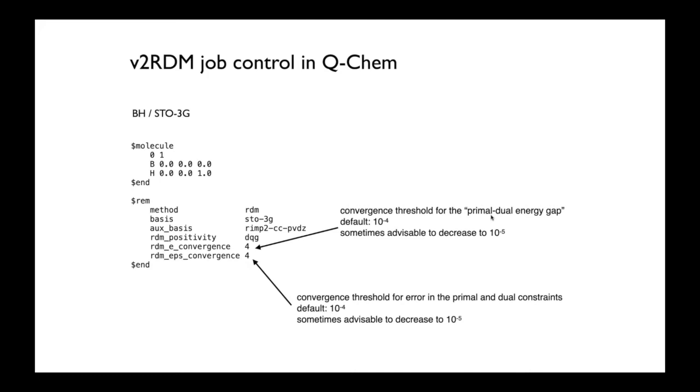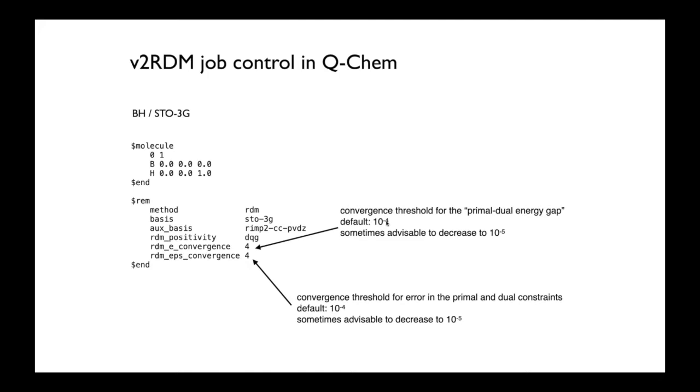The primal formulation is just like the energy minimization I described. The dual formulation is something else, but it's related to the problem at hand. And both of these give you an energy, and for a primal and dual feasible solution, that energy should be the same. So as a quality of the solution, we check the difference between the two energies from these two solutions.